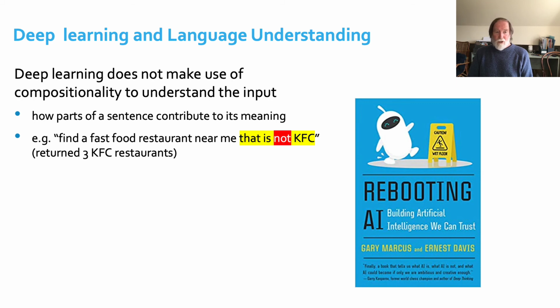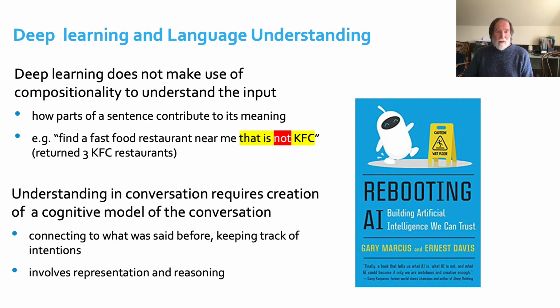A crucial role is played by the word "not," which constrains the restaurants that ought to be returned. And in a trial with this example to a well-known smart speaker, the answer returned 3 KFC restaurants, which was obviously not the intent of the input query.